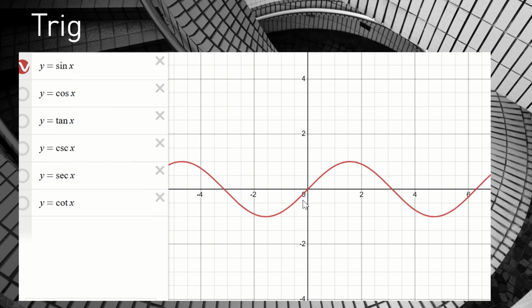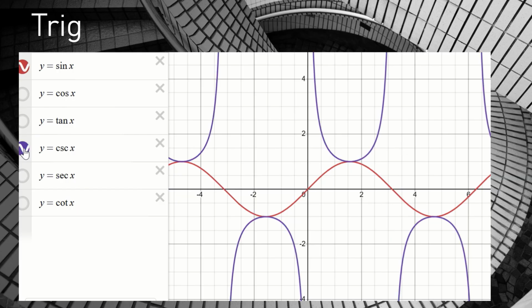Wherever the sine is 0, you're going to have a vertical asymptote, like right here, right here, right here, right here. Those are going to be where your vertical asymptotes are. This trough is going to match the other one's crest. And then after you have your asymptotes in place, and you have where your vertices go, you can fill in the rest. So sine and cosecant are reciprocals of each other.